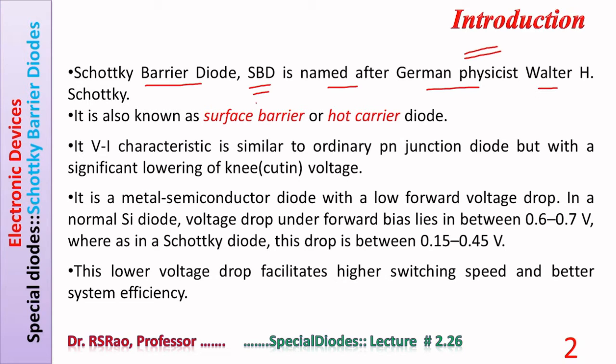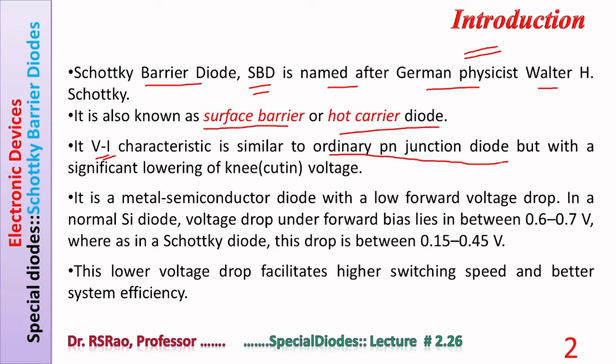These diodes are also known as surface barrier diodes or hot carrier diodes. The voltage current characteristic of these diodes is similar to ordinary PN junction diodes. It means SBDs have rectifying properties similar to ordinary PN junction diodes.